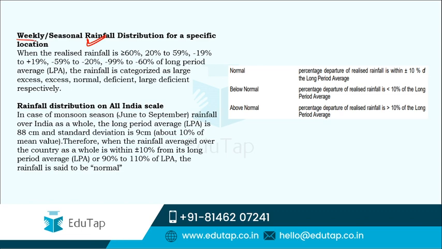One is weekly or seasonal rainfall distribution for a specific location in India, which we have already discussed. There is one more distribution of rainfall on an all India scale. In case of monsoon rainfall, we all know that LPA for India is 88 centimeters. If there is a deviation of plus or minus 10%, about 9 centimeters, it would be considered normal. As you can see here, this is normal.